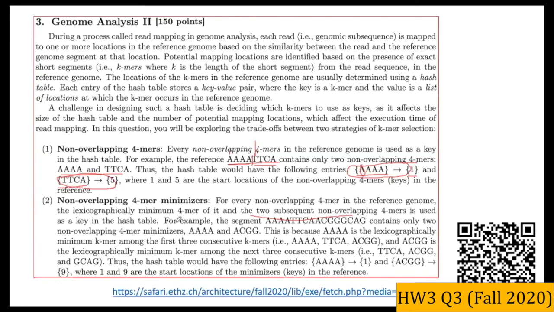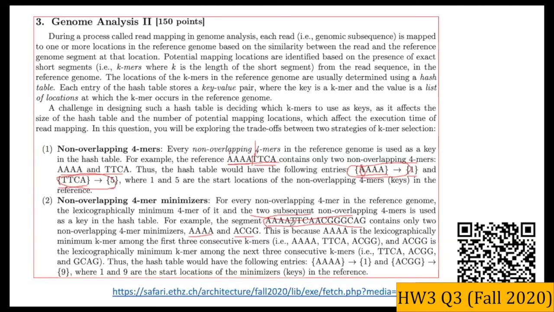And here's an example. This segment contains only 2 non-overlapping k-mer minimizers. These are the minimizers extracted from this relatively long sequence. Now, how do we calculate them? Basically, we extract all non-overlapping k-mers.